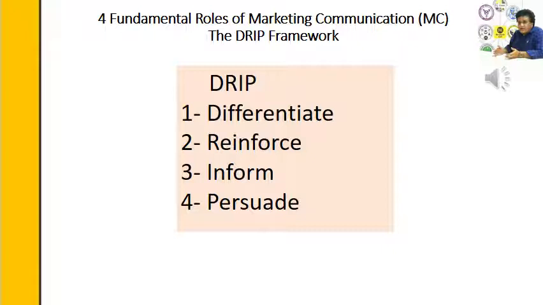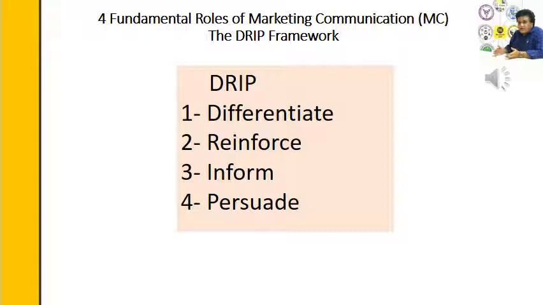Marketing communication also tries to remind and reassure the present customers and the potential customers, as well as the customers who have moved away from the company. It tries to reinforce the positive imagery of the product and services of the organization in the minds of buyers.